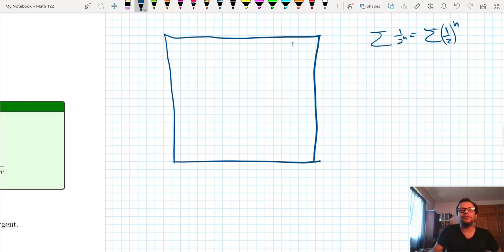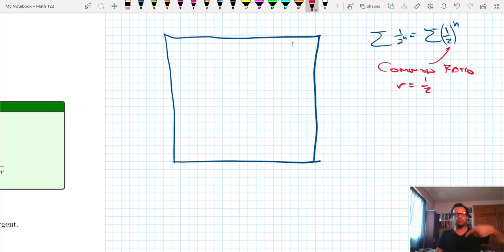So in other words, common ratio r equals 1/2. Every time you perform one iteration of the series, divide by 2, or multiply by half.